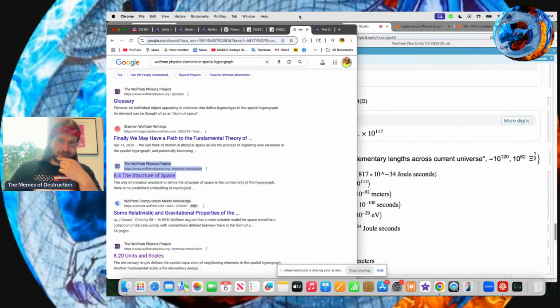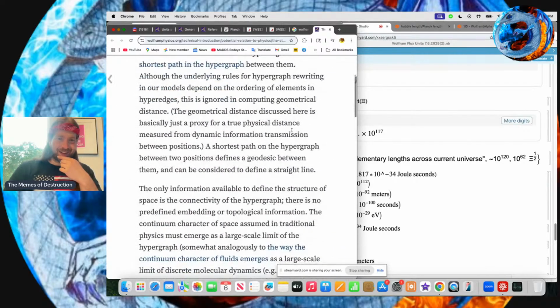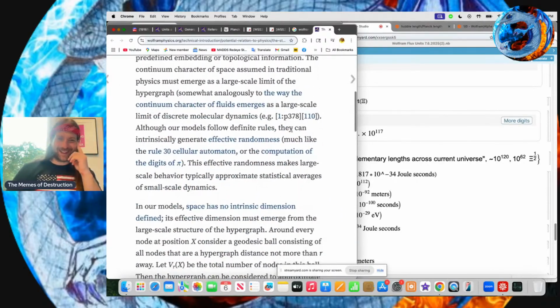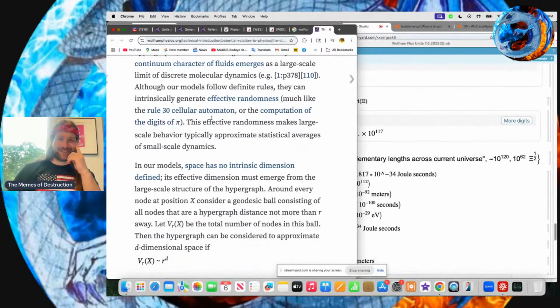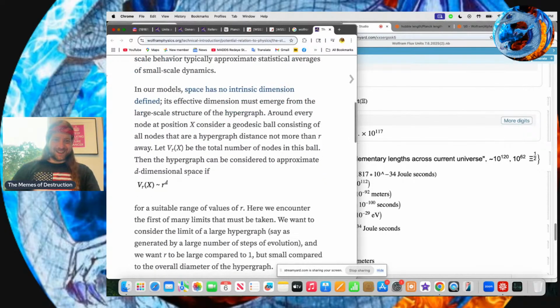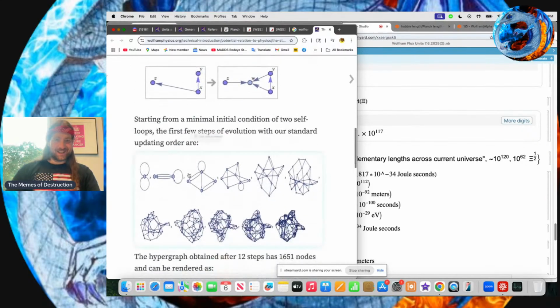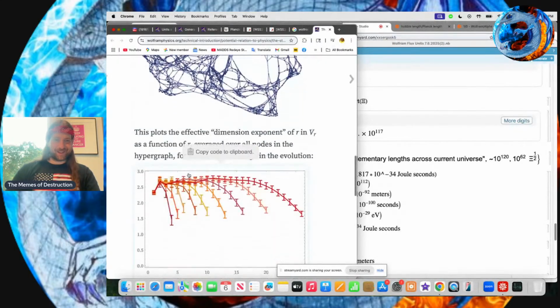Was it in the structure of space chapter? I was literally just looking at this. Maybe it's like half a paragraph you don't read, you just glance over. Okay. Okay, so this is an... Okay, I'm pretty sure this is an estimate.